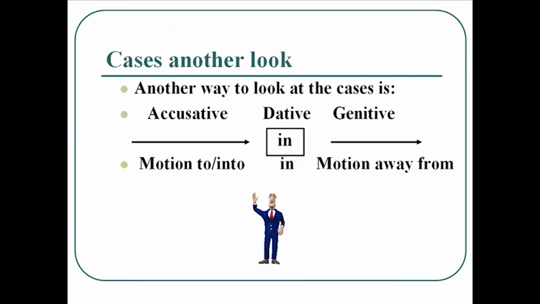Here's another way just to go back and look at the case from a different perspective. The accusative kind of approaches the object. The dative is kind of in, and the genitive moves away. And so when we connect these various cases with prepositions, you'll notice the motion toward an object, in an object, and separation from an object a lot of times are associated with these cases.